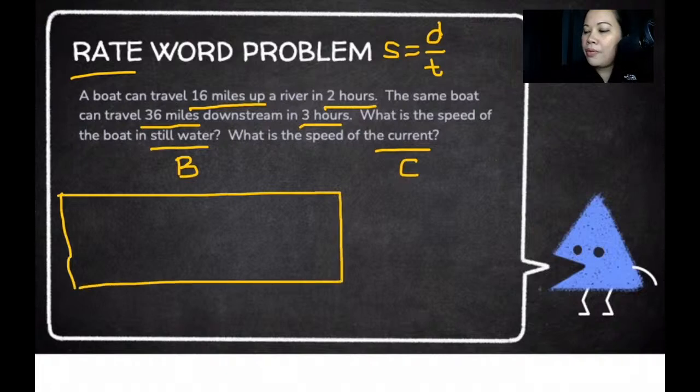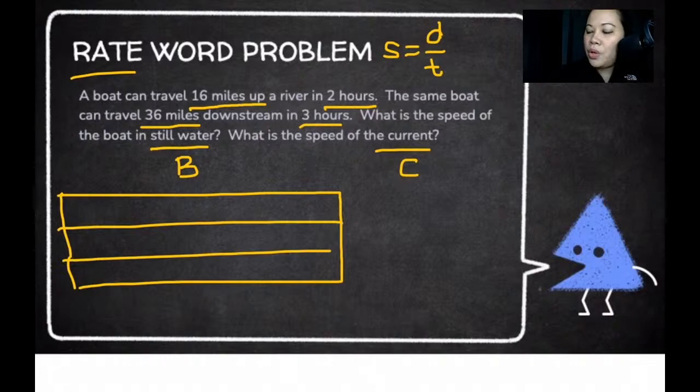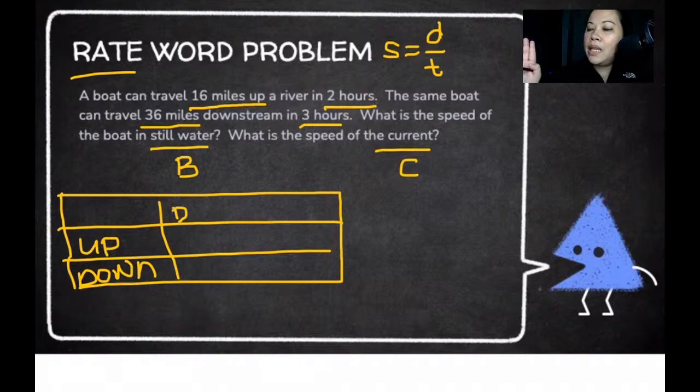So you have upstream and downstream. I'll just place up and down. The distance, which is d, when going up is 16, and when going down is 36.